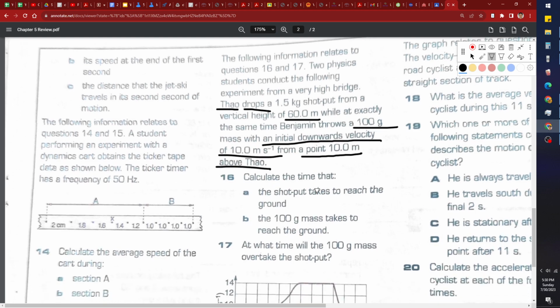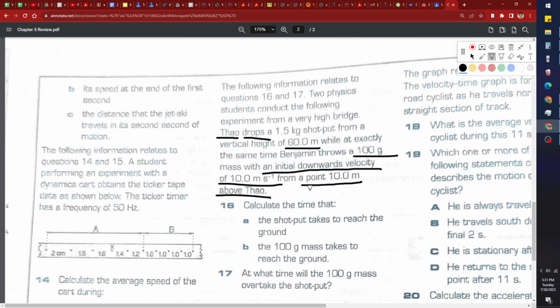Let's see what question we're going to do. Calculate the time that the shot put takes to reach the ground. Okay, so we'll go back here. For Tao, she drops it, so U equals 0. We don't really care about the mass. Remember, the mass doesn't matter in our calculations. None of the formulas and equations have mass in it, so that's not relevant for us.